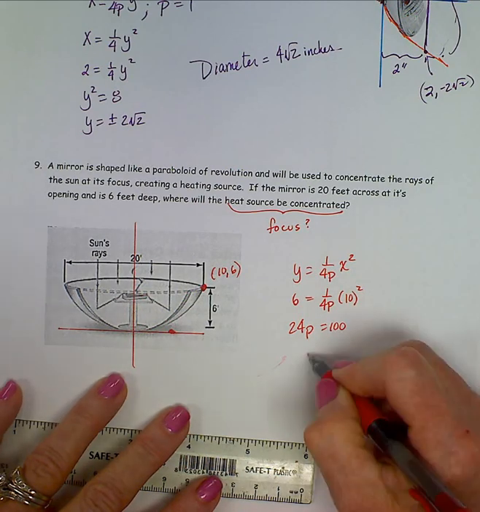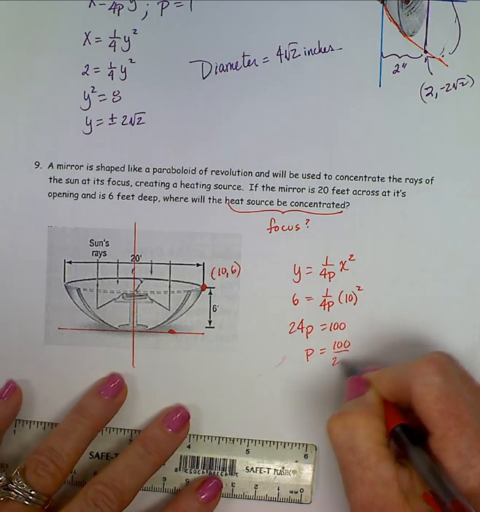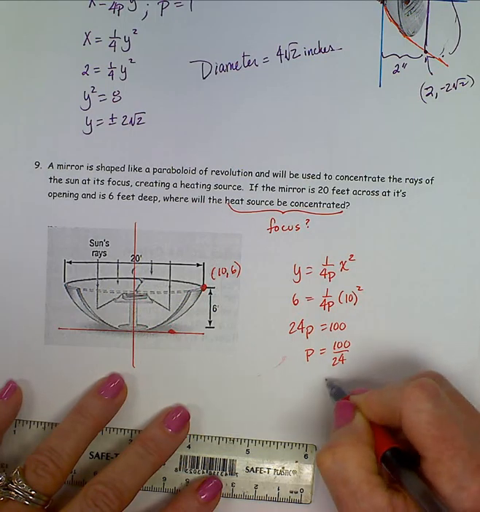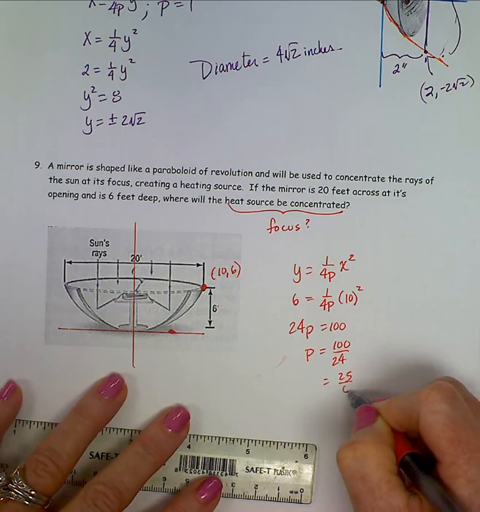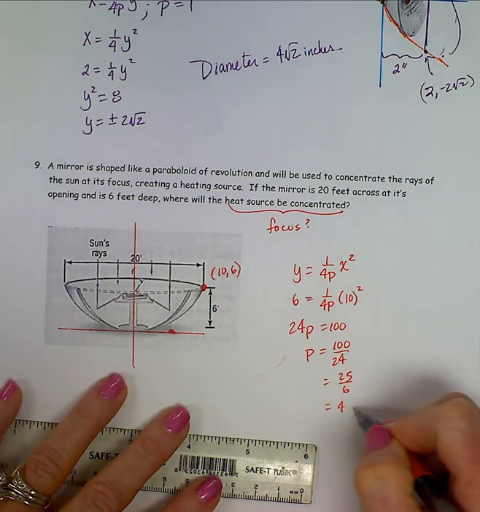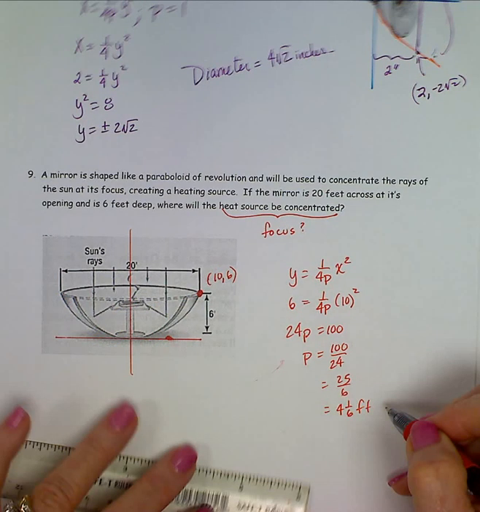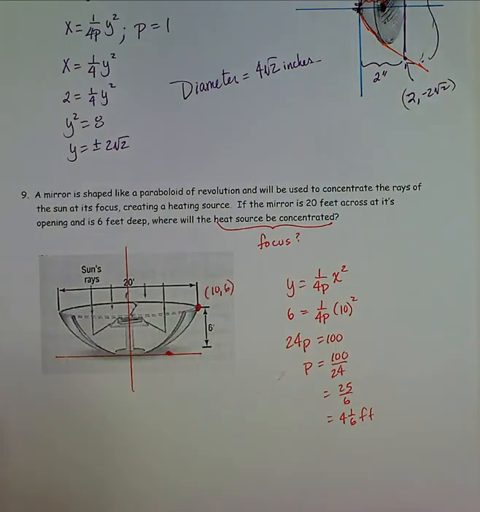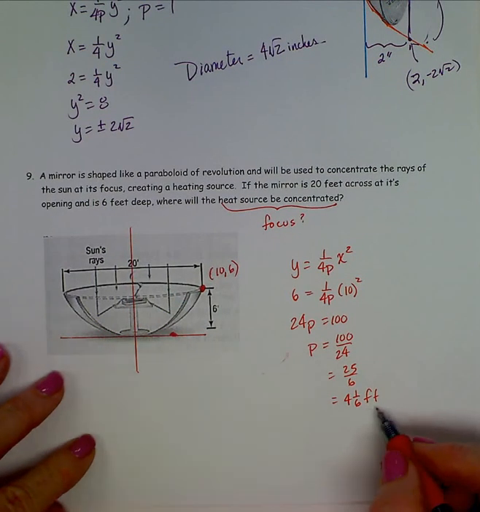Divide this out. p is 25 over 6, which is 4 and 1/6 feet, right? 4 and 1/6 feet.